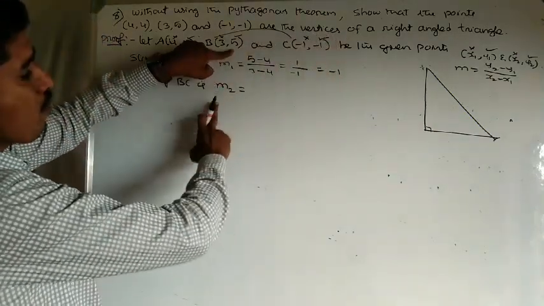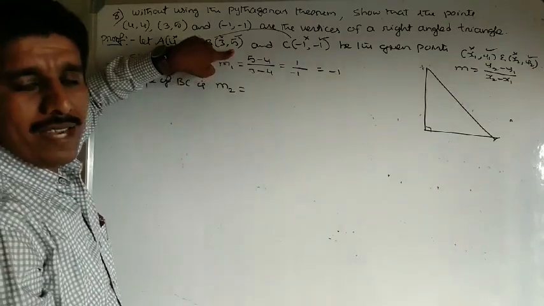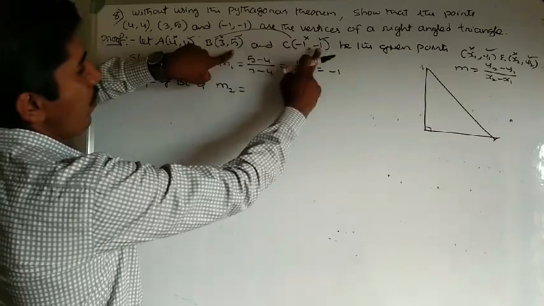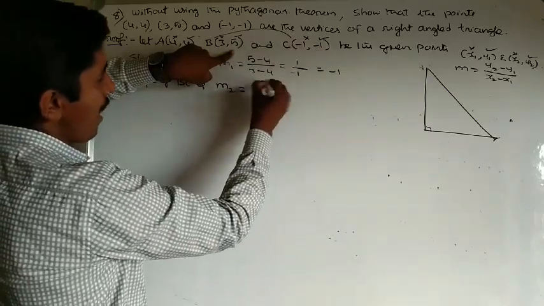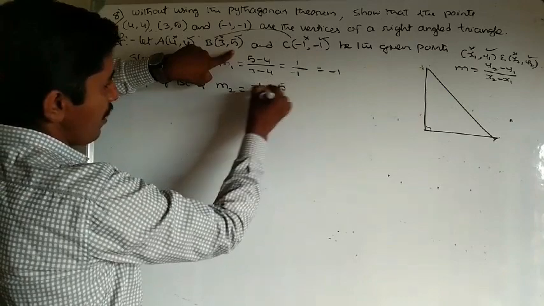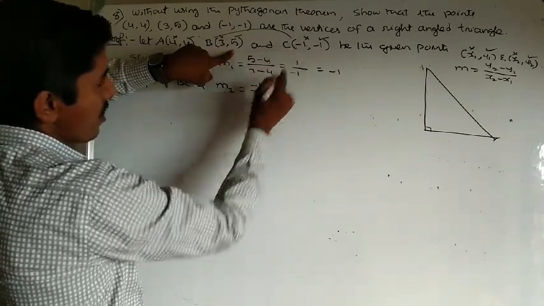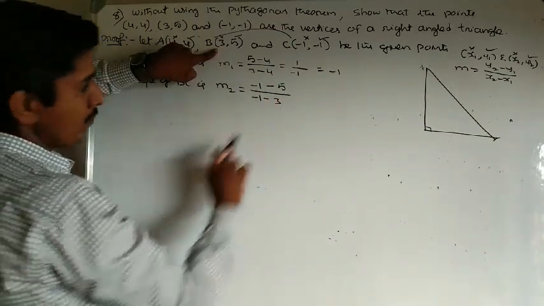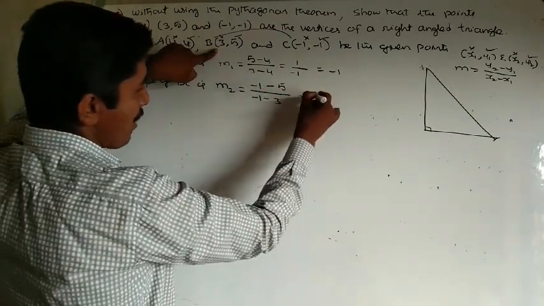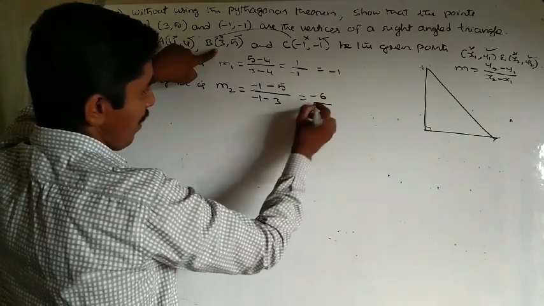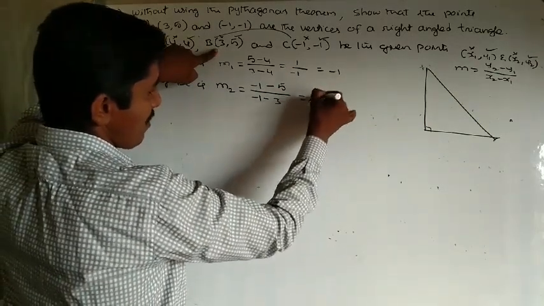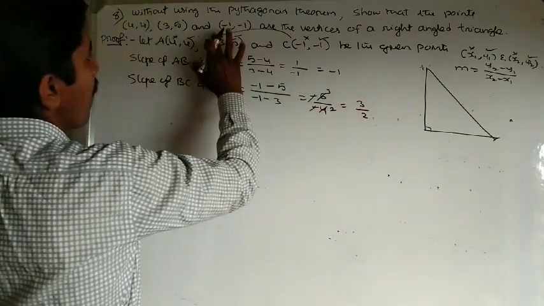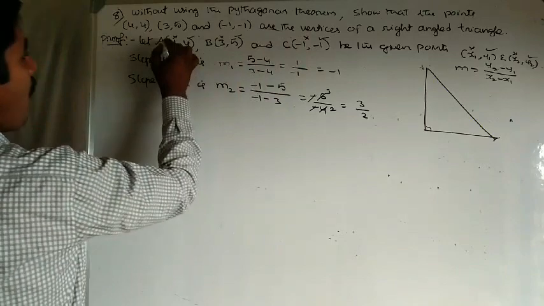Slope equals the difference of the y coordinates divided by the difference of the x coordinates: -1 minus 5 divided by -1 minus 3. That is minus 6 divided by minus 2. Minus gets cancelled. 2 3s are 6, 2 2s are 4, so it is 3 by 2. Now find the slope of AC.